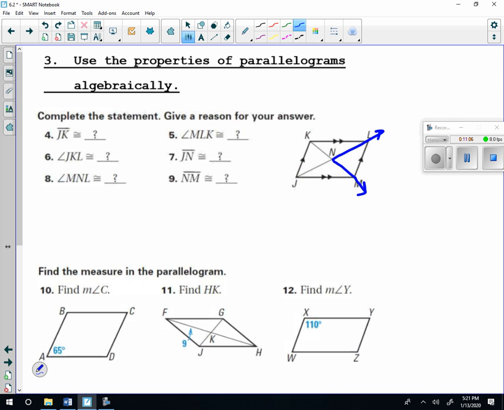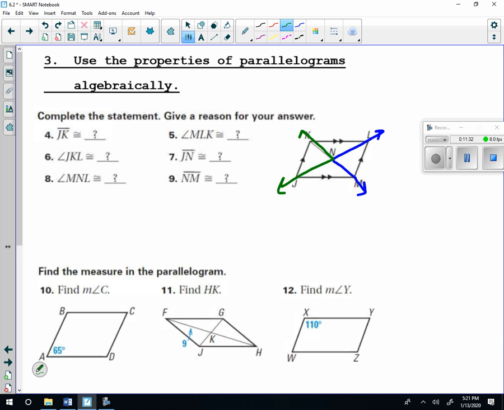Maybe that angle. So what angle is that angle congruent to? Well, it would be congruent to this angle that I'm highlighting in green. This is not a property of a parallelogram, but it is a concept that we have learned previously this year. And so this blue angle is definitely congruent to the angle in green.